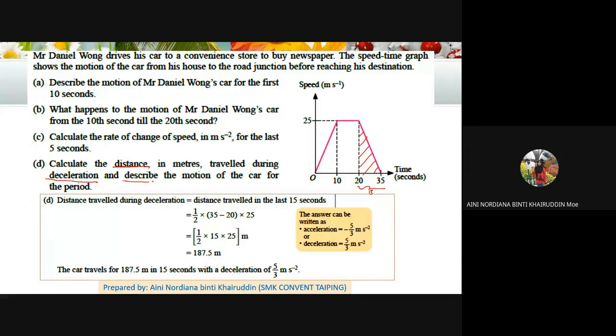So describe the car travel for 187.5 meter in 15 second with a deceleration of 5/3.